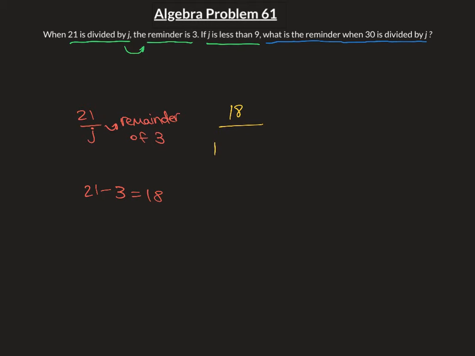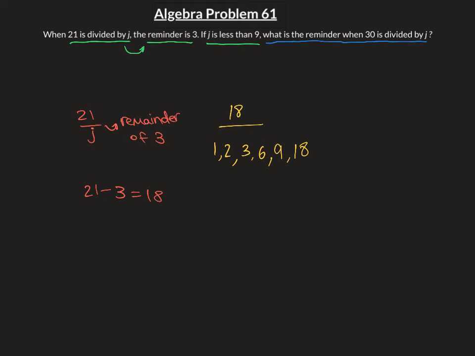We have 1, then 2, 3, can 4, no, 5, no, 6, yes, 7, no, 8, no, 9, yes, 10, no, 11, no, 12, no, 13, no, 14, no, 15, no, 16, 17, no, and then finally the last one would be 18.